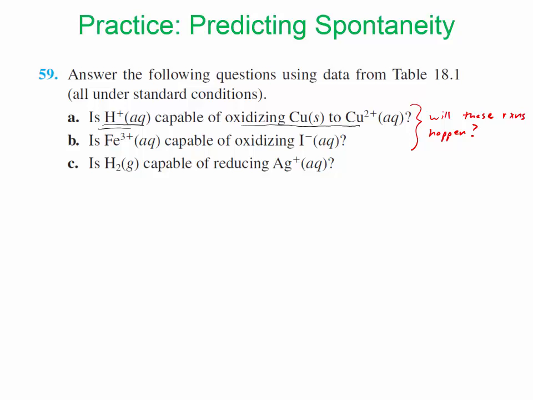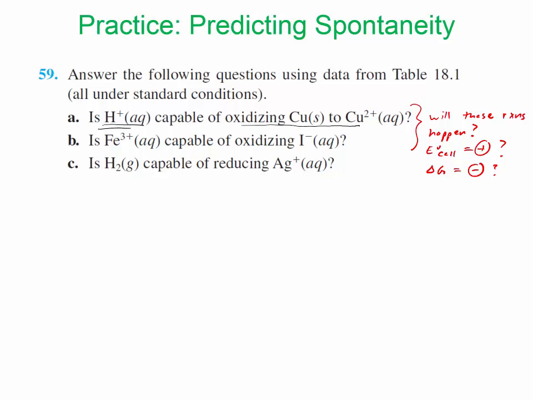So what that means is, will this result in a positive E cell, which would result in a negative delta G? So would they be thermodynamically favored, which is the new AP term. They actually don't use the term spontaneity. They reworded that to thermodynamically favored. So will these reactions happen?